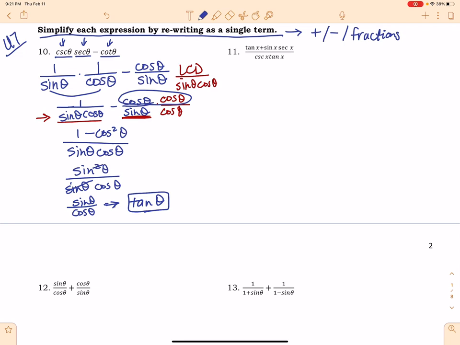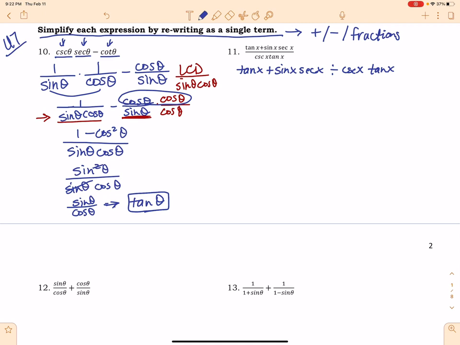So with this one, what we want to do is let's rewrite it so that it's easier to work with. We're going to write it old school division. Oh, these are x's, not thetas. All right, so like I said on number 10, when in doubt, let's try to change things into sine and cosine terms.